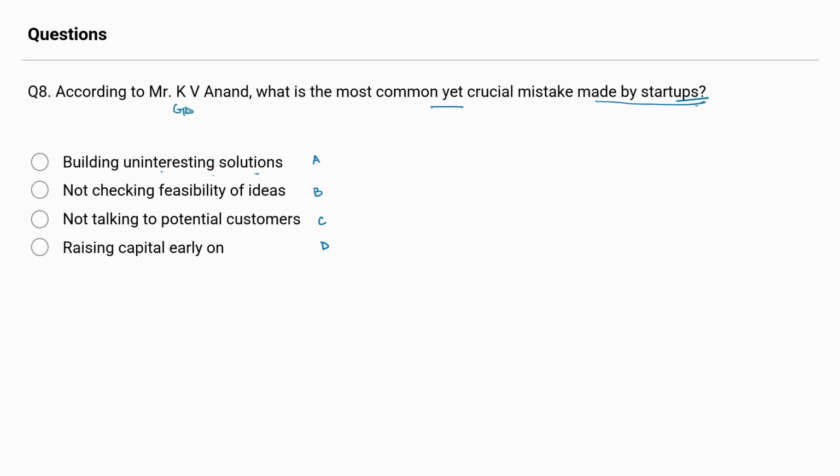Okay, Mr. Kaviana is from the GTC. And what is the most common crucial mistake by startups? These are the four options.